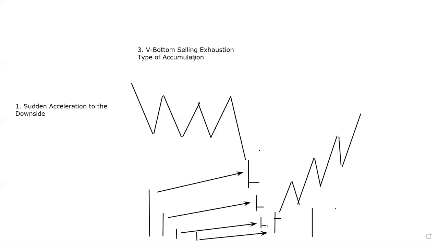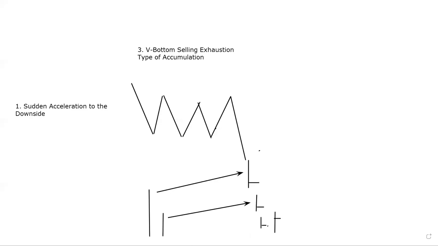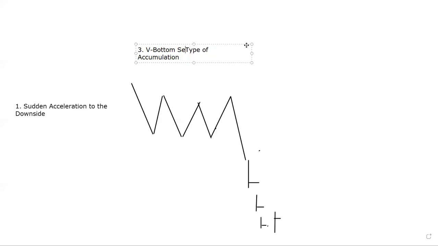The second type of V bottom is the same thing here, but we call this V bottom panic selling type of accumulation.